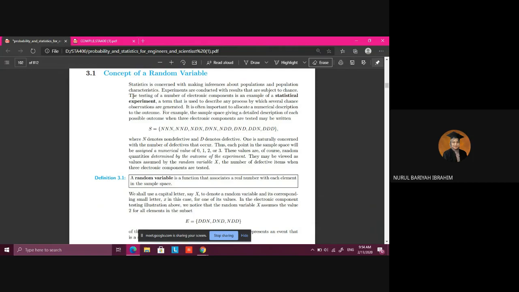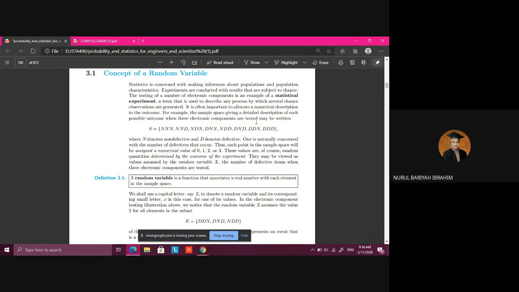We want to test the number of electronic components. That is the experiment, a term used to describe any process by which several chance outcomes are generated. It is often important to allocate a numerical description to the outcome.